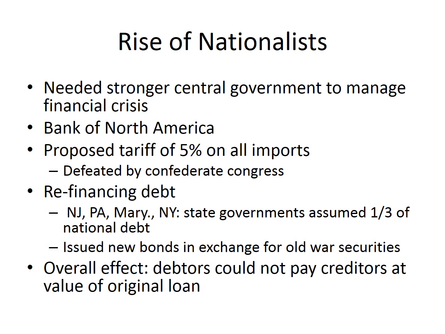The first will be some sort of unification of monetary policy. The development of a Bank of North America. This is first proposed by Alexander Hamilton with the intention of Robert Morris both funding it and being in charge of it. This will be defeated by the Confederate Congress, because it gives the national government too much control over the supply of money.